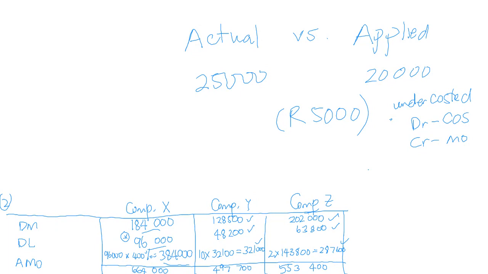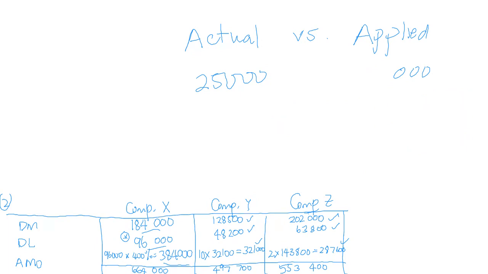Then you had the other scenario where, let's suppose your overheads, we had applied maybe 30,000 to it. So let's suppose, okay, let's say 35,000. We had allocated 35,000 to your overheads, but it only ended up being 25,000.